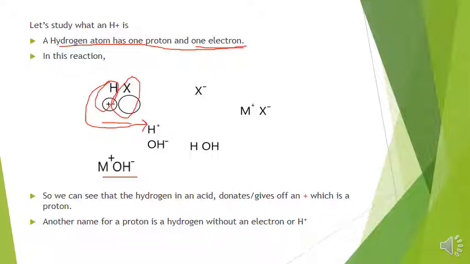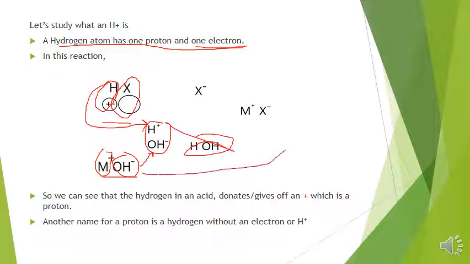Ionic compounds, when you put them in water, split apart. Then these come together to form water, and these come together to form the salt. So we can see that the hydrogen acid donates, or gives off, an H plus.